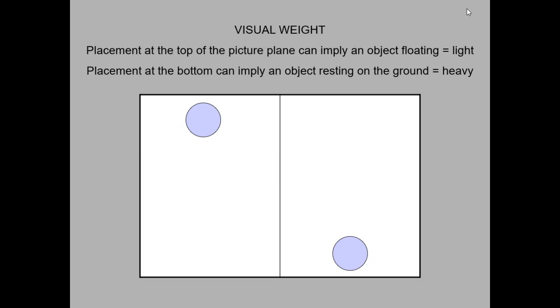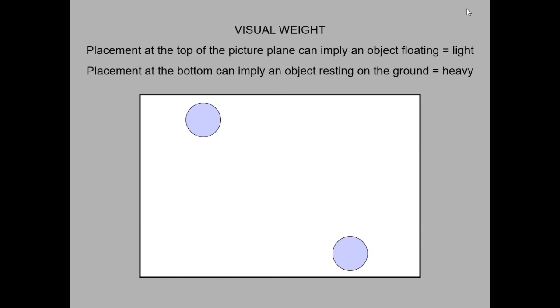Now, we experience the effect of gravity in our lives. We're aware of up and down because of the effect of gravity. That very much is what's being implied by the placement of those circles. Even though they're the same shape, same color, and they're not meant to really be anything, I could easily think about one as being a balloon and one as being a bowling ball, because you've experienced weight and gravity your whole life.